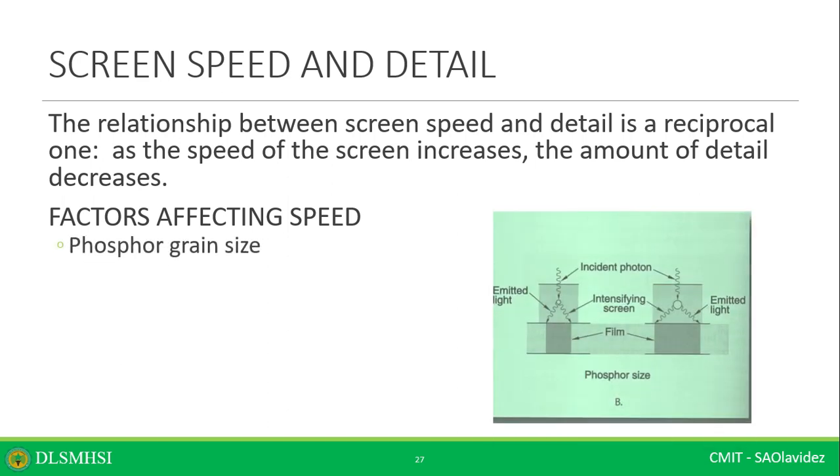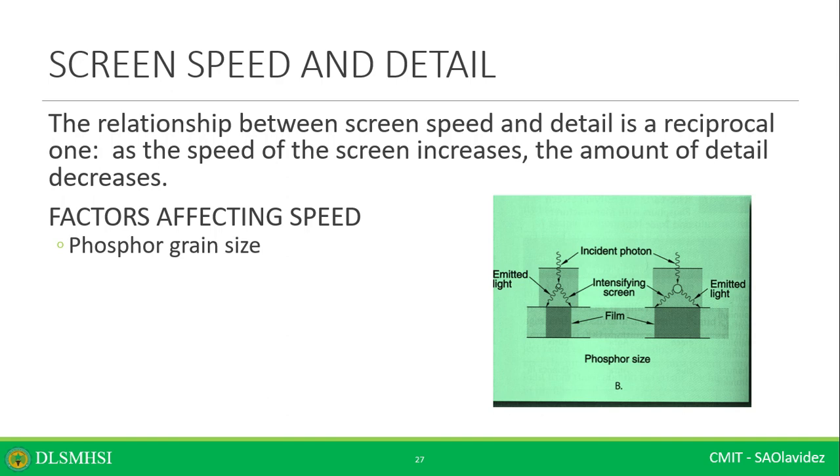The first is the phosphor grain size. The bigger the average grain size, the more light it will emit, but the greater the divergence of the light emitted, hence the poor detail. As you can see from this illustration, one has a smaller grain size and one a bigger grain size.